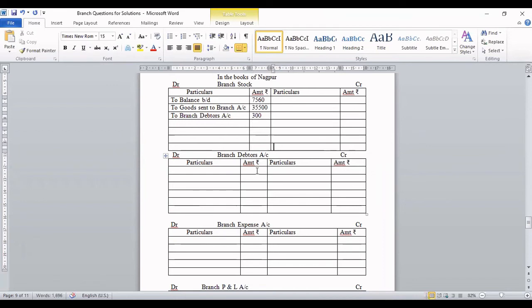And second effect immediately will give to branch debtors, credit side by branch stock account. Come on, tell me amount. 300. Very good. Everyone understood these entries till here? Yes, sir.